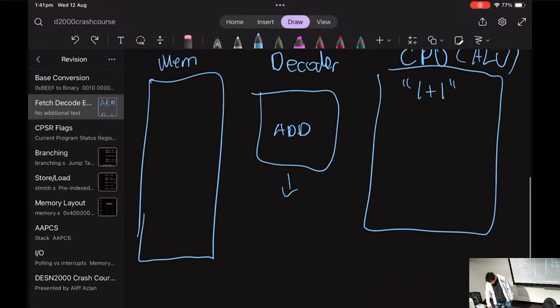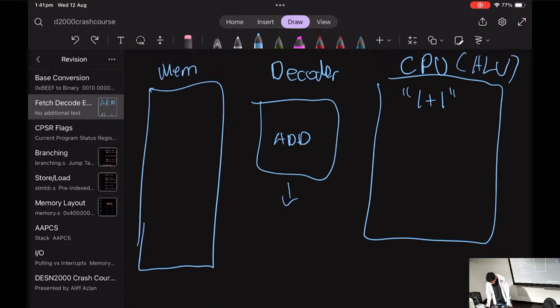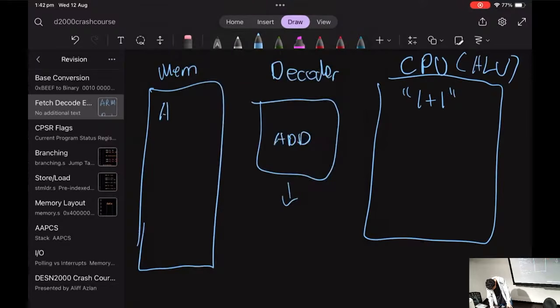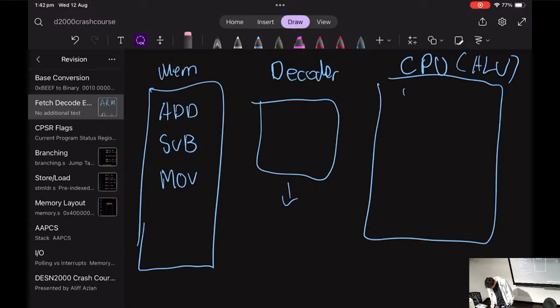And now this leads us to the pipeline. So let's say for example, we had an add instruction here. Let's say we have a sub instruction and we have a move instruction. So what happens here? First step, we take the add instruction and we move it to the decoder. Now, on the next clock cycle, the decoder decodes it into an instruction.